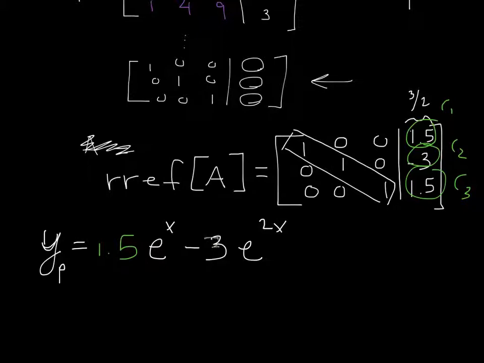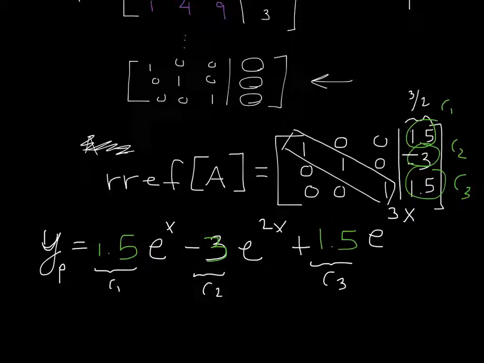Let's just be consistent here. And this actually should be minus 3e to the 2x, and then we have plus 1.5, or 3 halves, e to the 3x. And that's pretty much it, unless you want to simplify. You found your C1, C2, and C3.